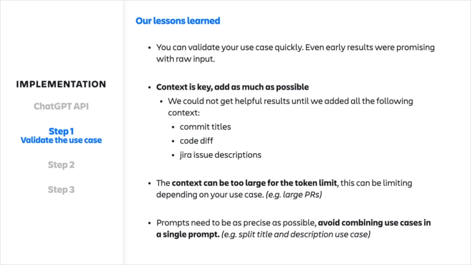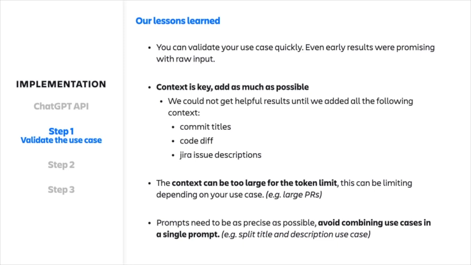But on the flip side, the context can sometimes be too large for the token limit. We experienced this with large pull requests that had lots of context. So you just have to keep that in mind, and we'll cover some of the challenges and things that you can try later in the presentation.